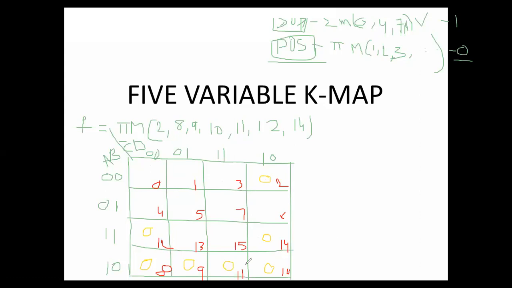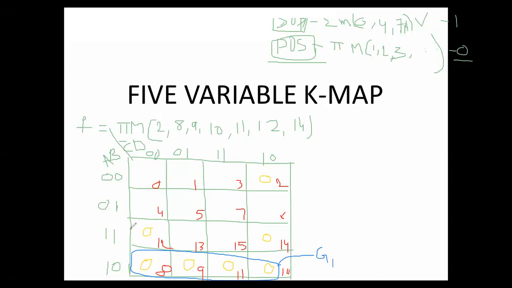Next we try to get a group as a quad. Quad means 4 zeros. Is there any possibility for grouping 4 adjacent zeros? Yes. So what are the groups here? See here. Do these belong to 4 adjacent zeros? This is group 1.